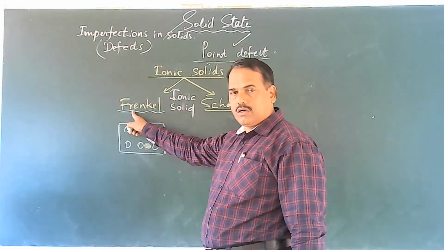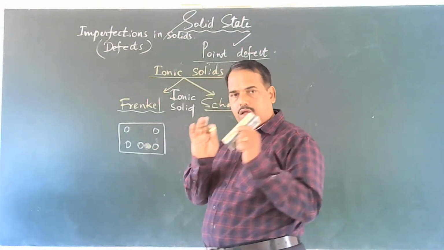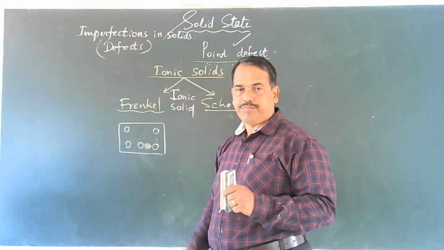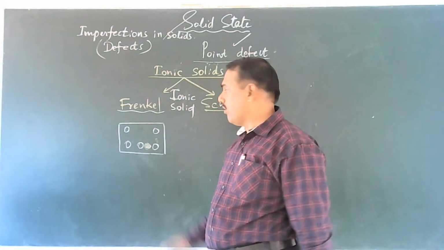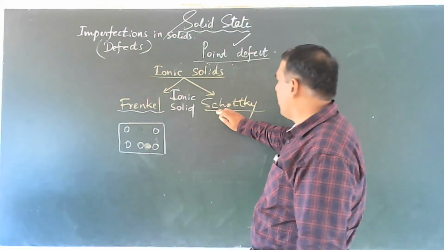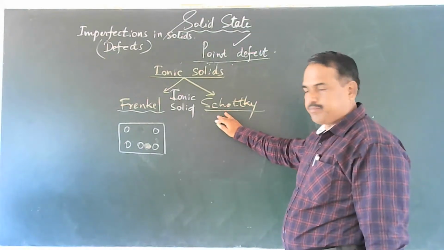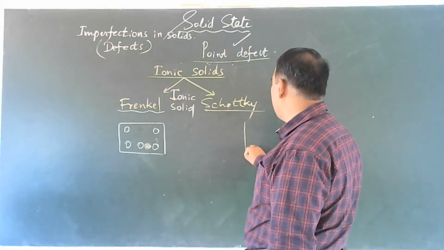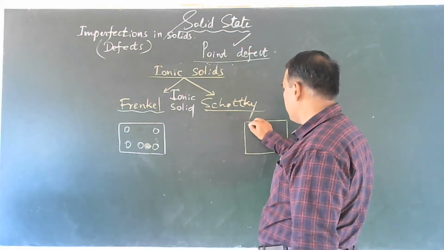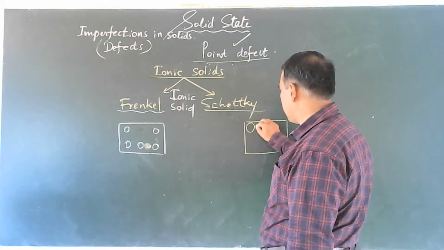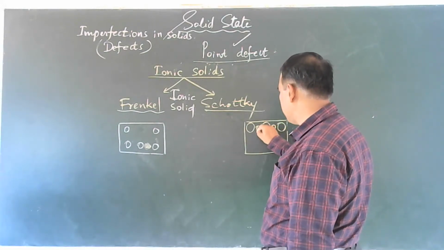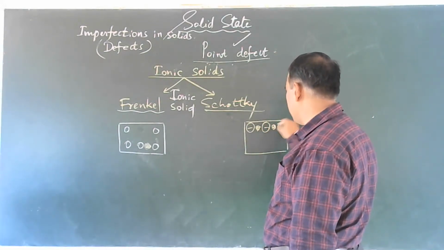Frenkel defect takes place in solids where cation and anion have a difference in size. If we go for Schottky defect, equal numbers of cations and anions are missing. Suppose this is anion, cation, anion like this, so this is plus and this is minus.